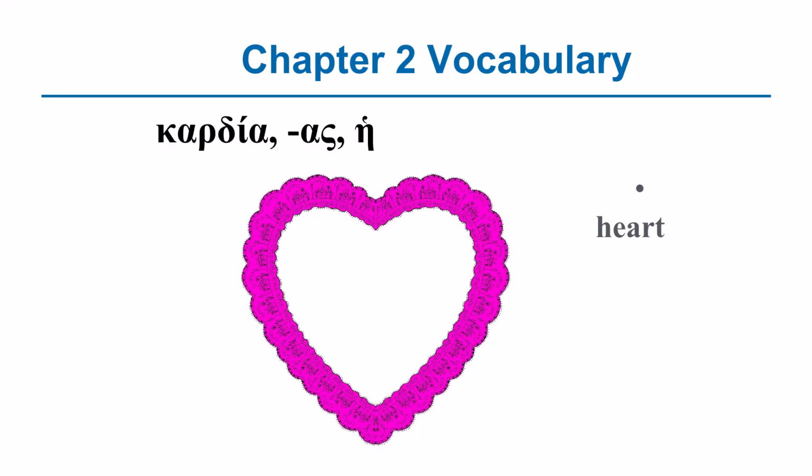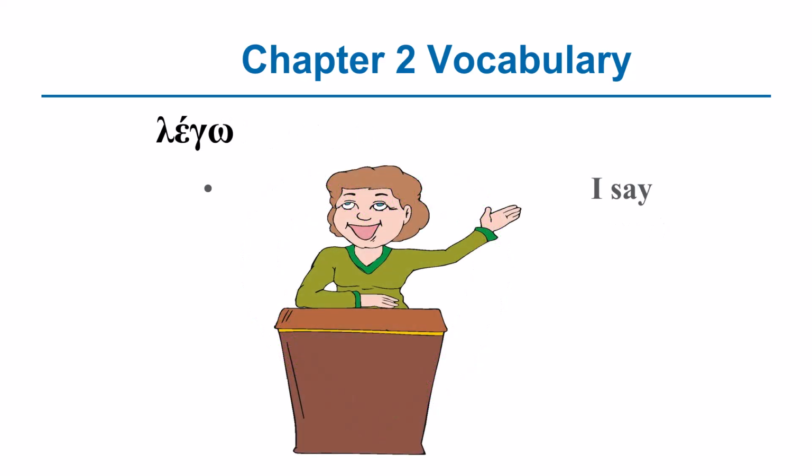And this cardia is where we get the English word cardiac. Or when we say cardiac arrest, the person has cardiac arrest. We refer to the person having a heart attack. And this is why we get the English word heart, cardia. And cardia means heart.